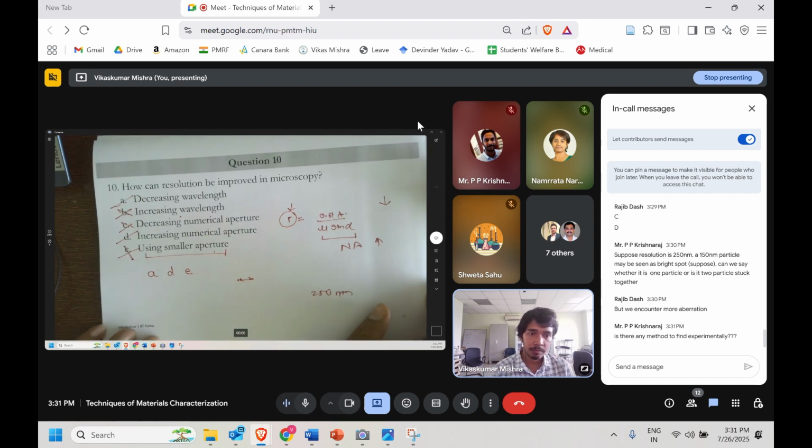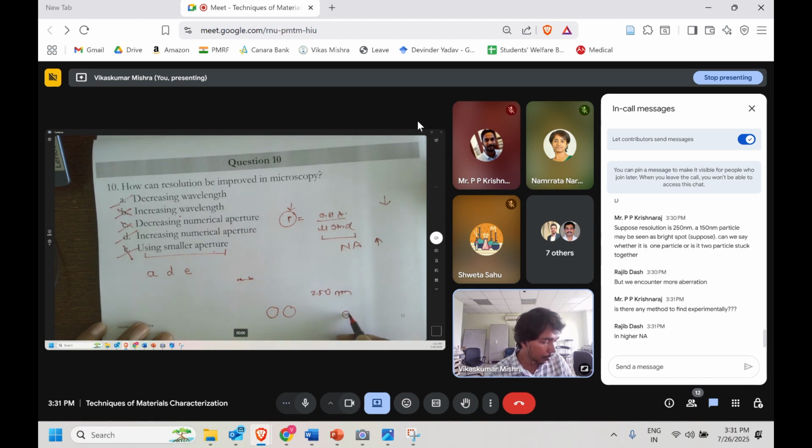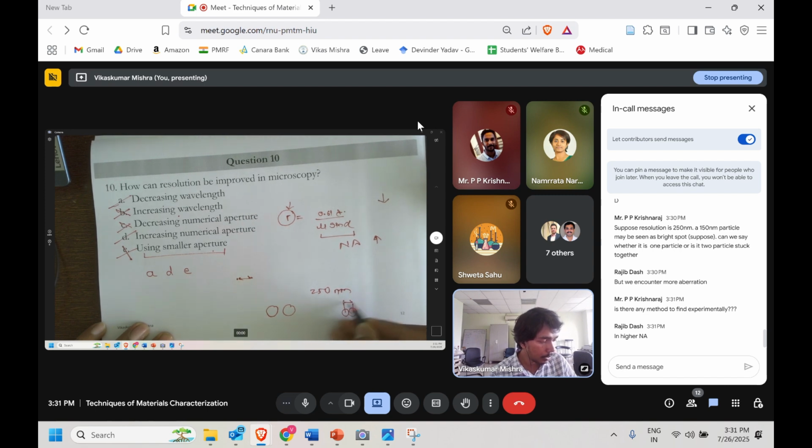Can we say whether it's one particle or two particles? So let's say one particle is this, another particle is this, and they are stuck together. So what is the distance between them? The distance between them is 150 nanometer.